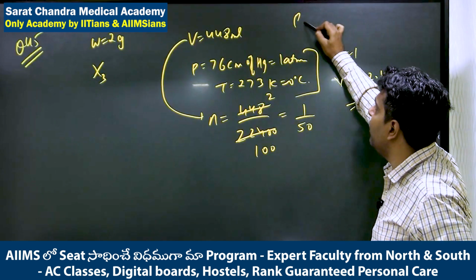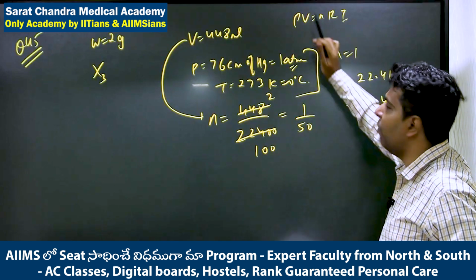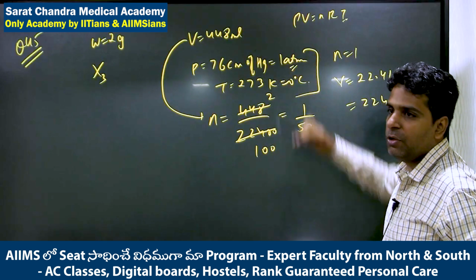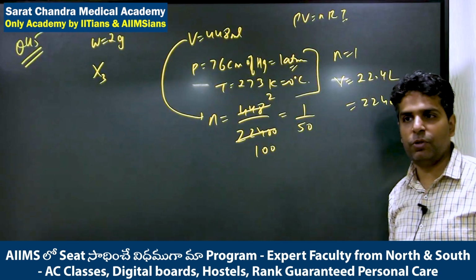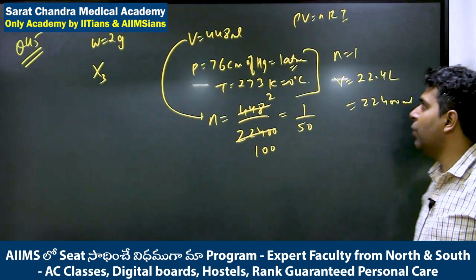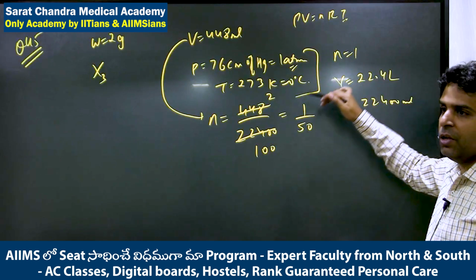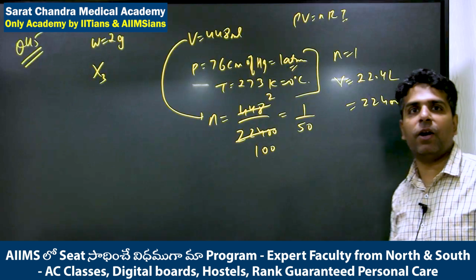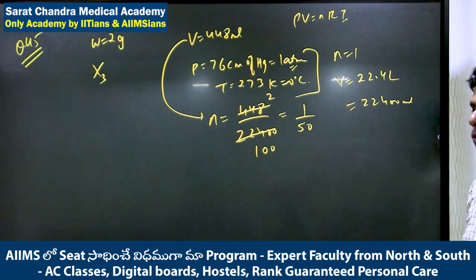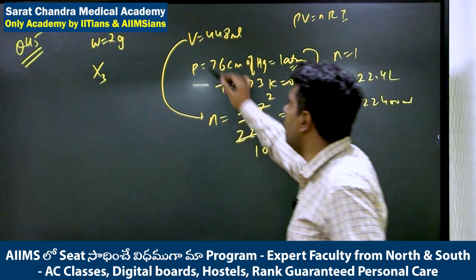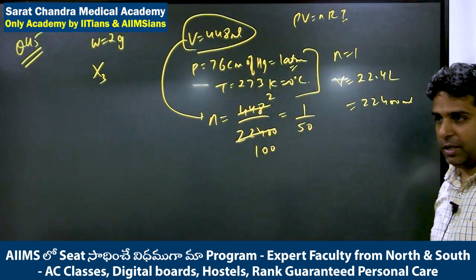So you can also use PV is equal to nRT, pressure you can take in atmosphere, temperature in Kelvin, volume is given in ml, convert this into liters, value of R will be 0.0821, from here you will get the number of moles. So we know at this pressure and temperature, STP condition, volume of 1 mole of the gas is 22.4 liters. So using this, we are calculating the number of moles. So for this volume of the gas, what is the number of moles we have calculated? Till here, any doubts?